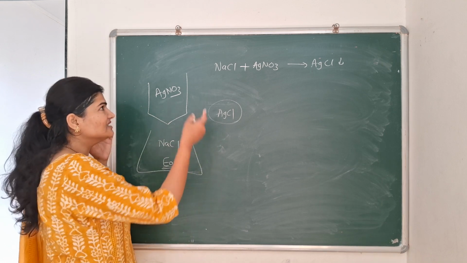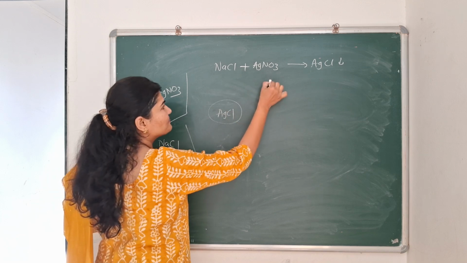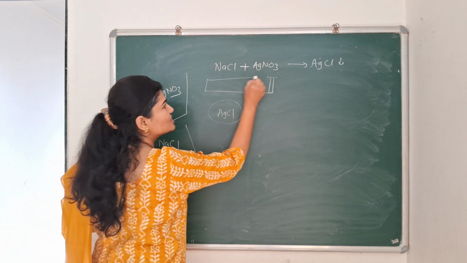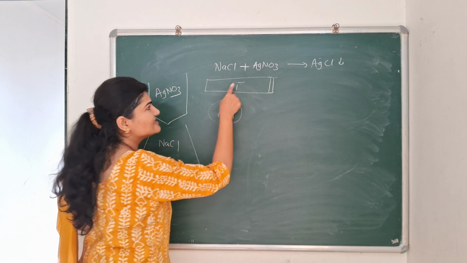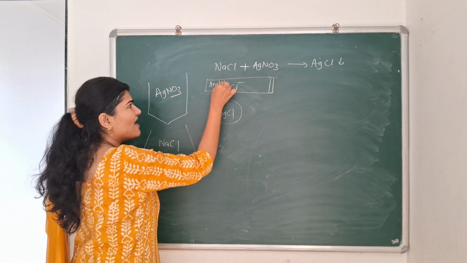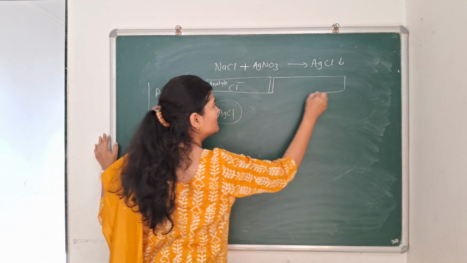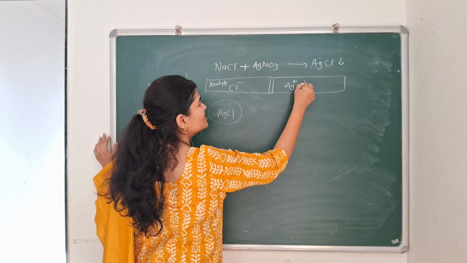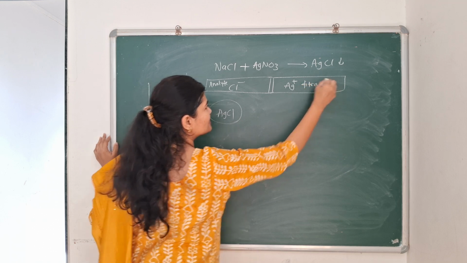So imagine the condition, say this is the equivalence point. Before the equivalence point, chloride ions are in excess because they are analyte ions, right? And after the equivalence point, obviously silver ions will be in excess, which are the titrant ions, right?